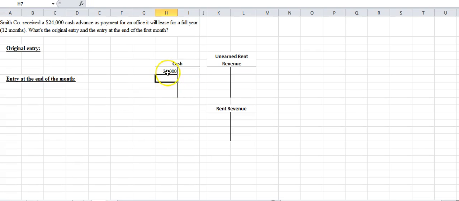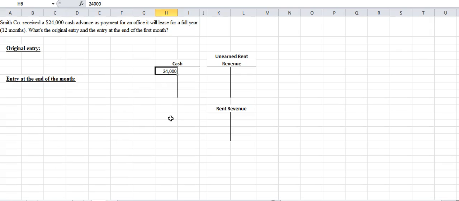That's what you received. Is that revenue for renting? Is that rent revenue? Absolutely not, because you haven't earned it yet. So what is that? If you receive $24,000 in cash, but you haven't earned it yet, you owe somebody $24,000. Now you could give them their cash back, right? You could pay them back their $24,000, or you could pay them back by providing the products or services that you promised.